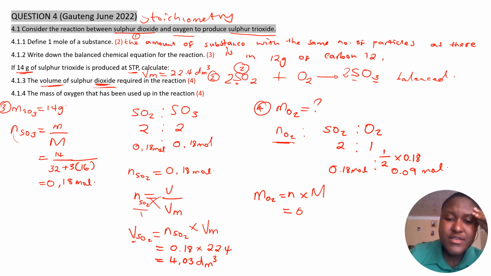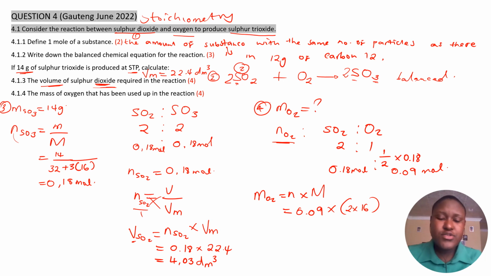Number of moles is 0.09 multiplied by oxygen, you have 2, right? 2 times 16, which is 32, multiplied by 32, and that gives you 2.88, sorry. So the mass will be 2.88 grams, and that is the mass of oxygen that has been used.